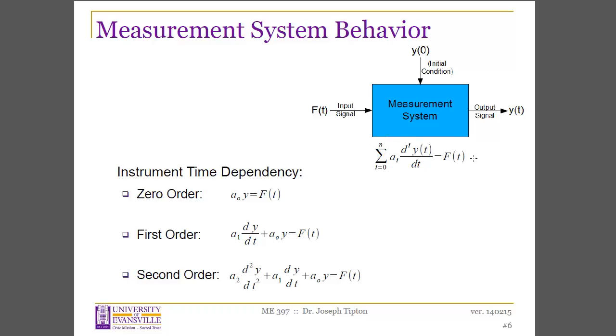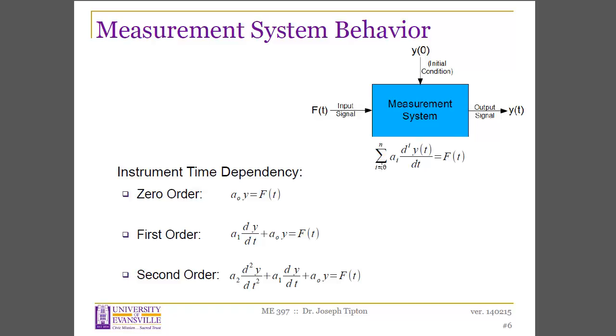So this summation describes our measurement system under different scenarios. And let's look at three of the most common cases. The three cases all vary depending upon how the instrument responds with time to a signal.